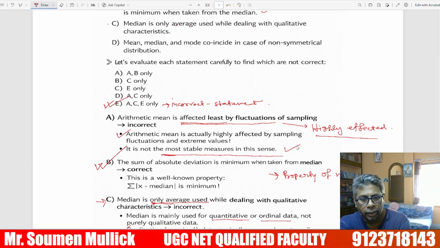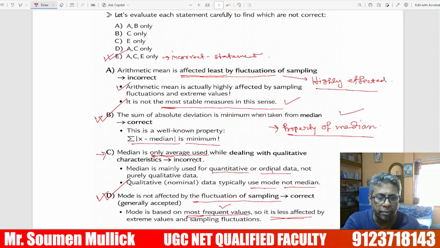Statement 2: the sum of absolute deviation is minimum when taken from the median. This is correct. This is the property of the median. So this statement is correct, but we have to find out the incorrect statements.